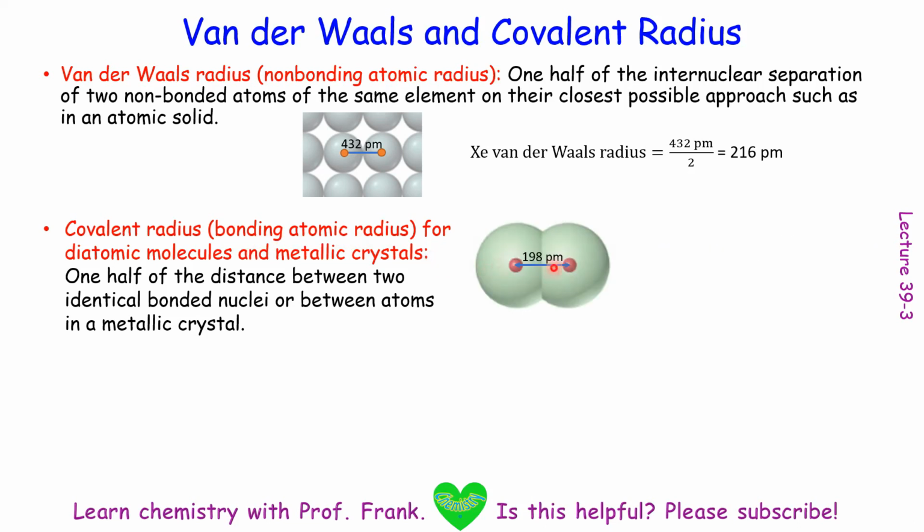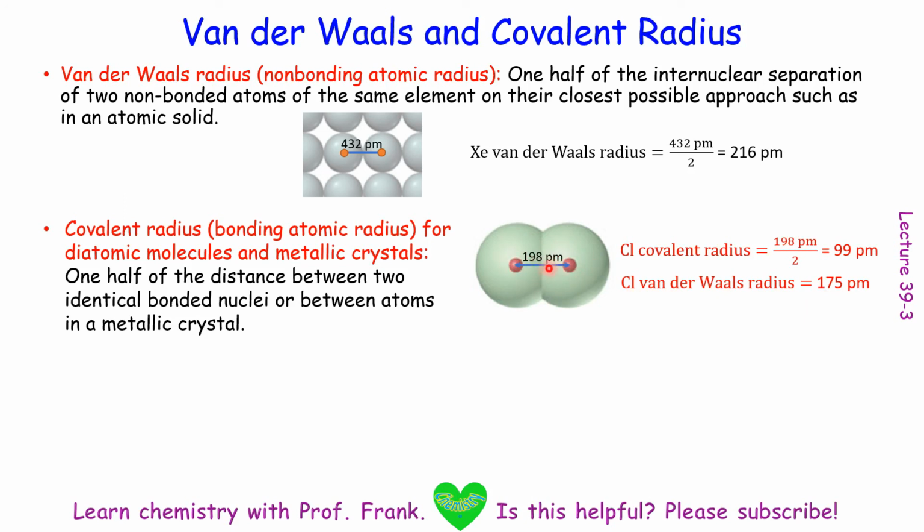Let's take a look at the chlorine molecule, Cl2. Chlorine covalent radius should be 1/2 of the distance between the two identical bonded nuclei. 198, 1/2 of that, 99 picometers. That is the covalent radius for the chlorine molecule, Cl2. However, the van der Waals radius for chlorine is much larger.